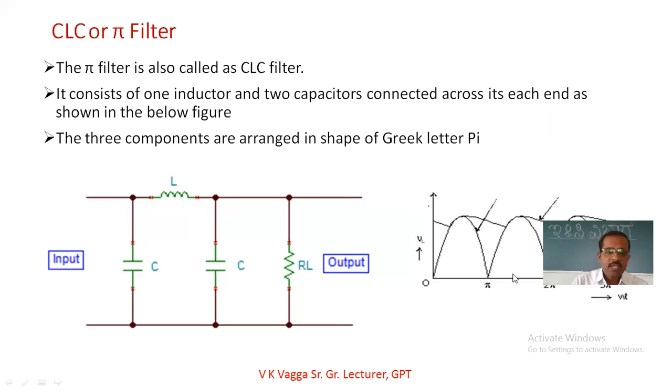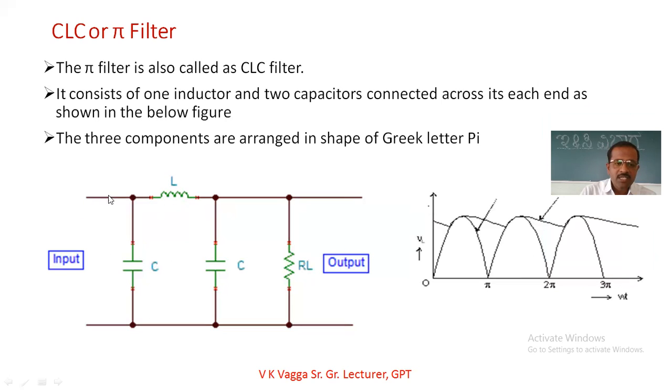So if you apply the pulsating DC, the AC flows into the ground through the first capacitor, and if any AC is available, it is blocked by the inductor, and only the DC passes. If any AC component still arrives, it flows into the ground with the help of capacitor C2, and at the output it takes only the DC, exactly the DC output here.